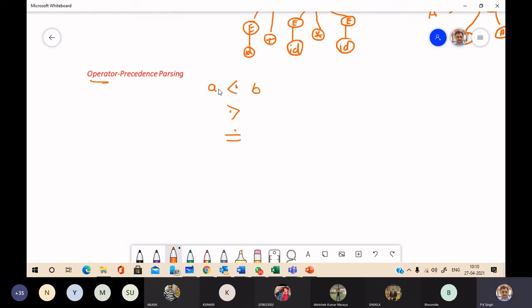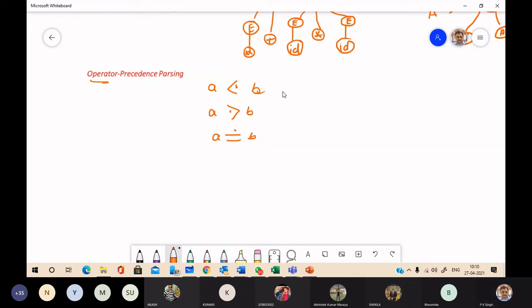It means A gives precedence to B. If we have this relation between two operators, A and B, it means B has precedence over A. And the third case is A equals B, A and B have the same precedence.